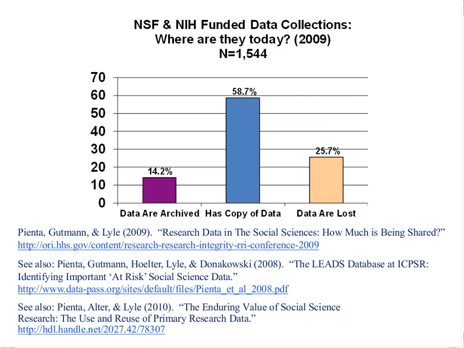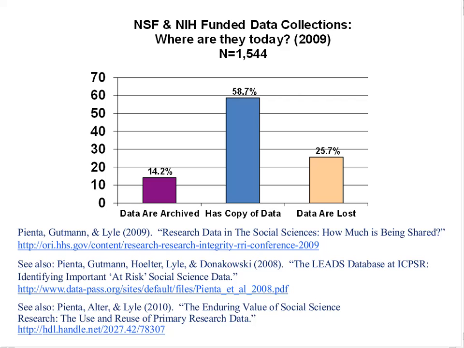Here at ICPSR, we did some studies recently. This was a few years ago in 2009, where we attempted to identify and obtain data from the social sciences that were funded by the National Science Foundation and National Institutes of Health.